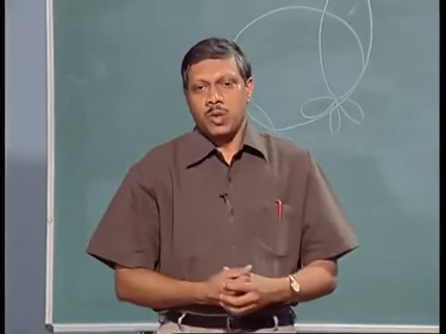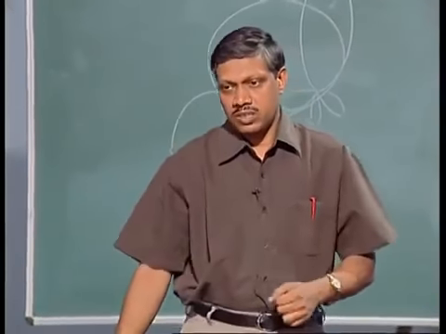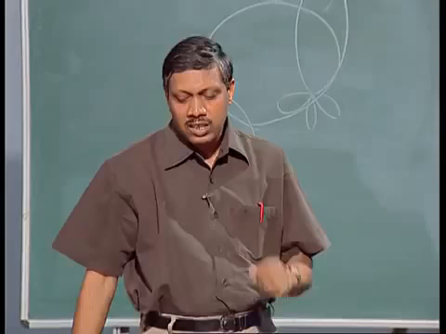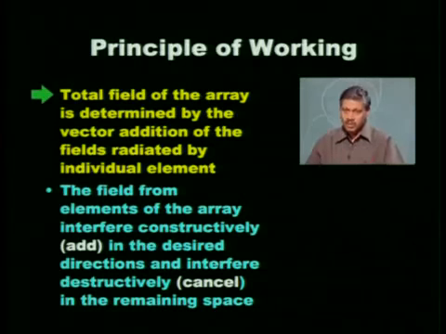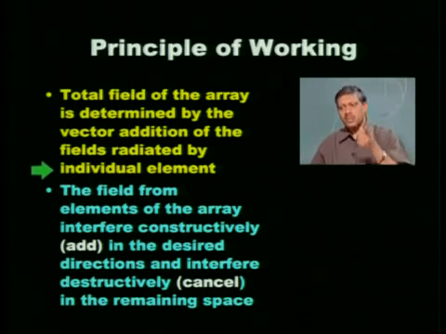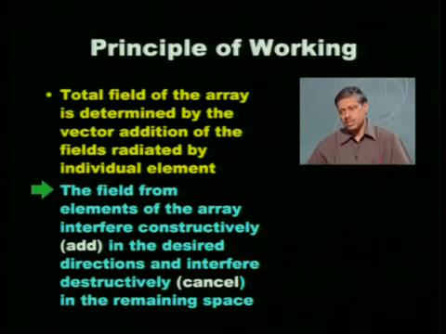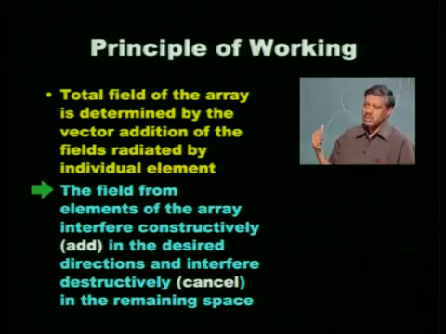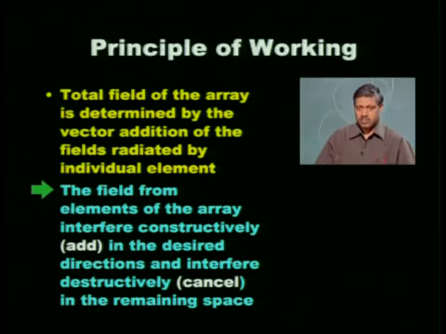Now, what is the principle? How does it really work? When you look into the principle of antenna array working, the total field of the array is the contribution of each individual field, and the interference is constructive at the point of interest, and it is supposed to be fully destructive at the point not of your interest.